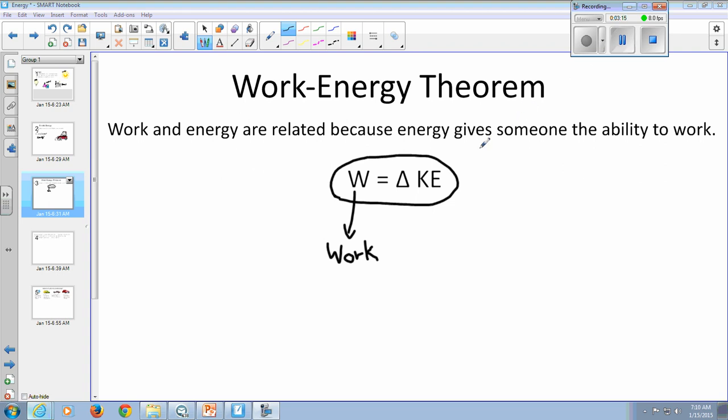And it doesn't factor in something that we'll get into later, which is potential energy. So again, this is the work energy theorem, and it's nice because when we have a moving object, we can figure out how much work it's doing or how much work is being done on it with this work energy equation.